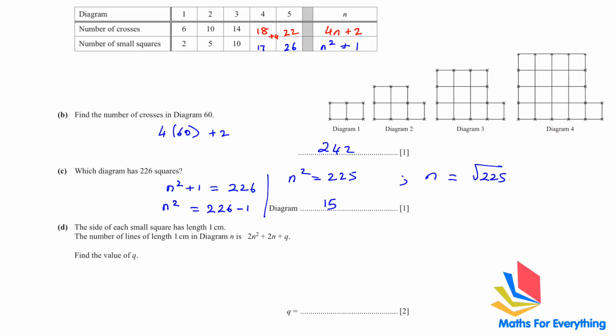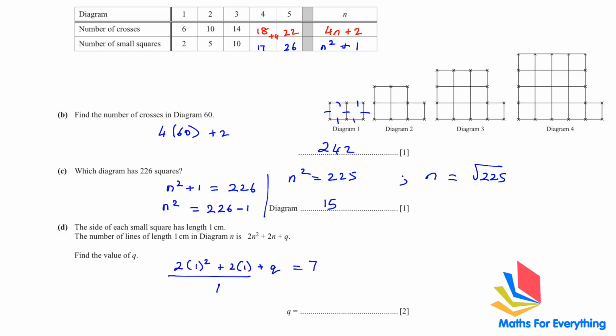So this is our diagram. In the first diagram, how many lines of length 1 centimeter do we have? 1, 2, 3, 4, 5, 6, 7. So when our n is 1, that is, diagram 1, replace n with 1. The number of lines we have are 7.